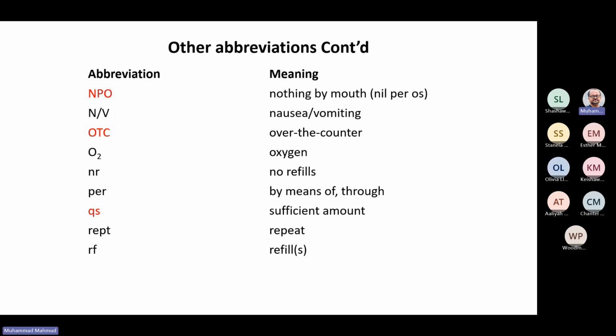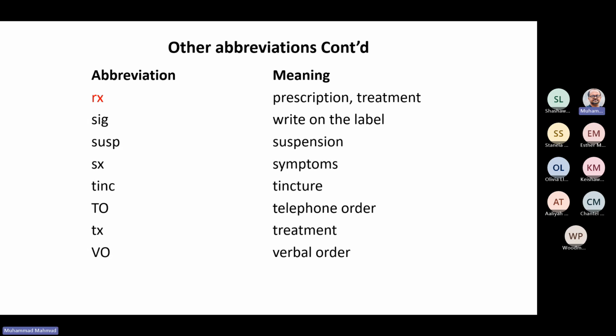Oxygen, O2. No refill is NR. QS is quantity sufficient. QNS is quantity not sufficient. Per means through or by means of. Last slide regarding abbreviation is this one. RX for prescription treatment.